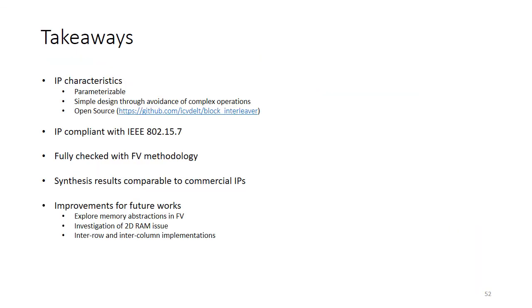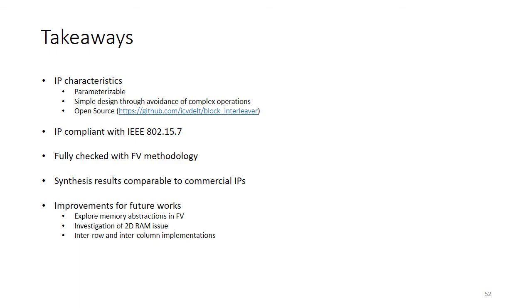We can summarize some takeaways from this work. We could end up with an IP which is parameterizable, simple, and available for the community. It also meets the requirements established by IEEE 802.15.7. Formal verification could be used to attest the correctness of the IP, and synthesis results are comparable to commercial IPs.